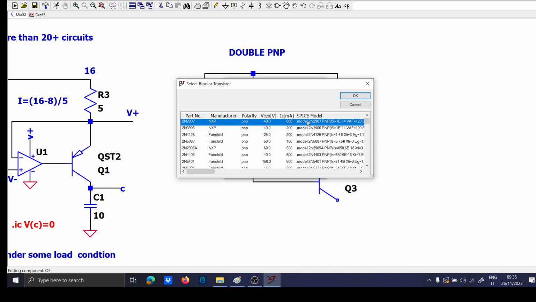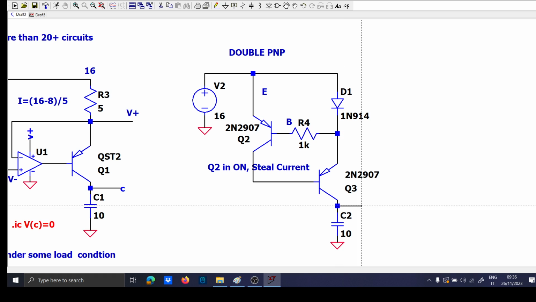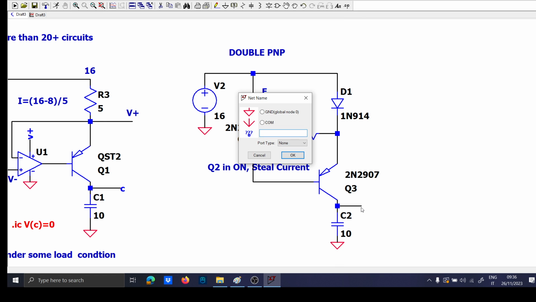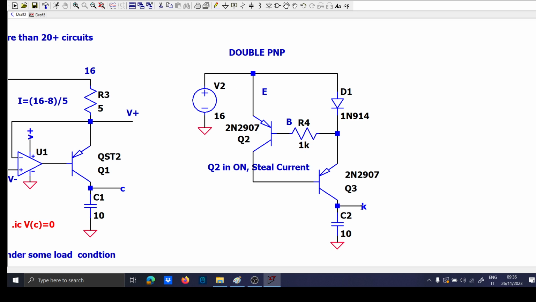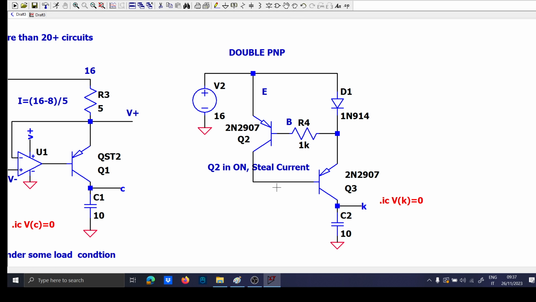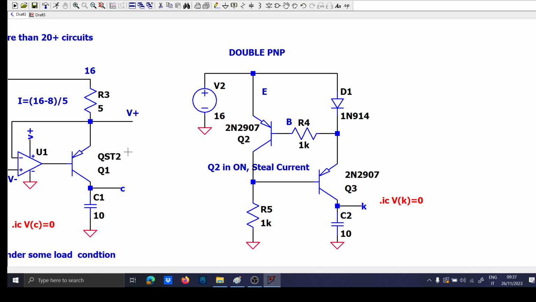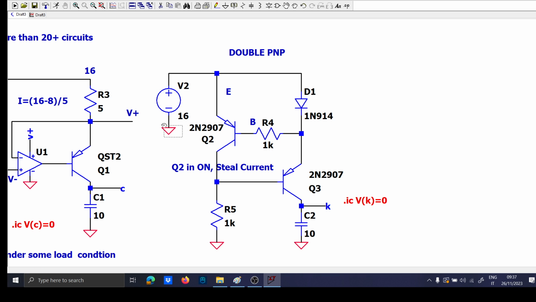So let me put the same here, and let's use again the same capacitor, and let's call this node K, and let's say that the initial condition of Vk is equal to 0. Now, I also want to put a 1 kilo ohm resistor here, because I don't want to leave floating voltages. Let's always close this.